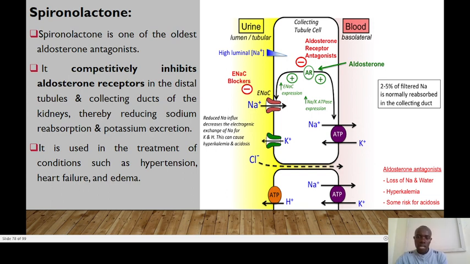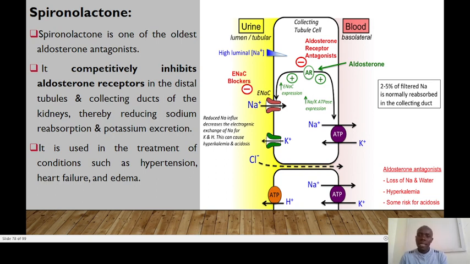When you have reduced sodium influx, it decreases the electrogenic exchange of sodium for potassium, and this can cause hyperkalemia and acidosis because potassium and hydrogen are retained, and when you have more hydrogen, guys, you result in an acidic environment. Guys, a link will be popping up on the different types of acid base balances.